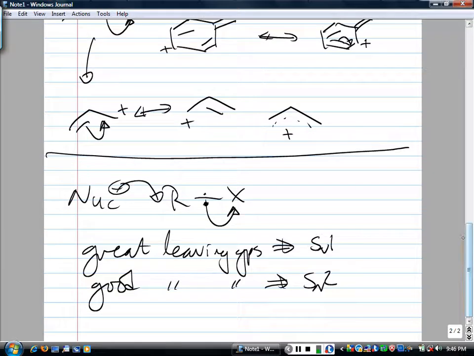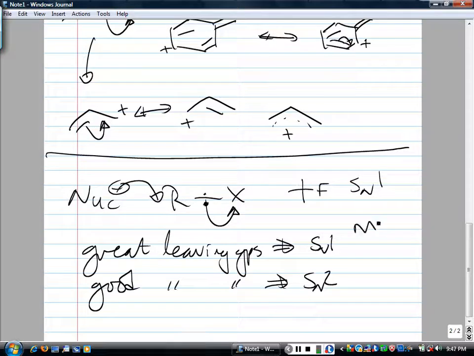So let me make this very clear. If I have a tertiary fluoride, fluoride is not a very good leaving group, but it doesn't matter, this is going to be an SN1 reaction, because my substrate is tertiary.